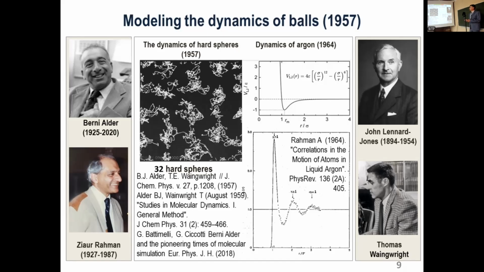And they did this on the supercomputers of that time in 1957, and later in 1974 the problem was solved for particles with the Lennard-Jones potential. This potential includes the repulsion, and also it has some attraction part.